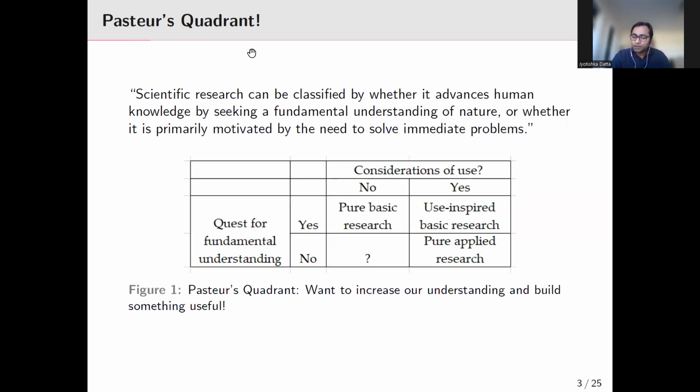And I think one of the beauties of statistical research in today's world is that it applies to both questions. It tries to make use of knowledge, and at the same time it is on a quest for fundamental understanding. Okay. So you want to increase understanding and you want to build something useful.